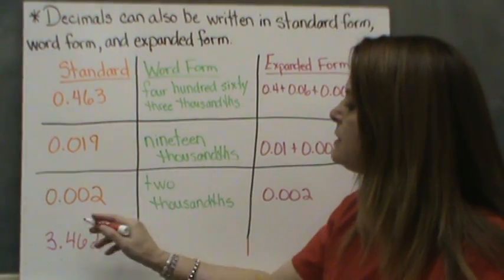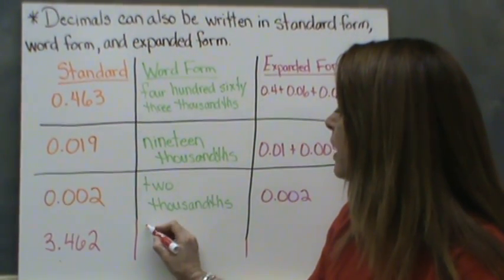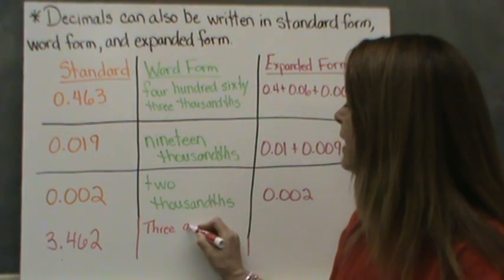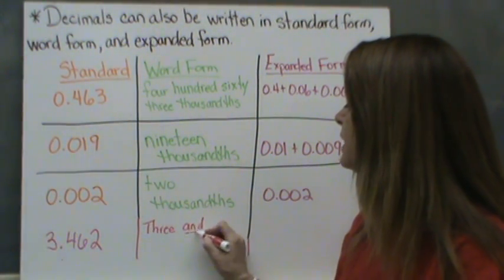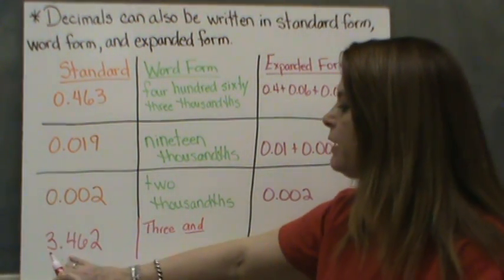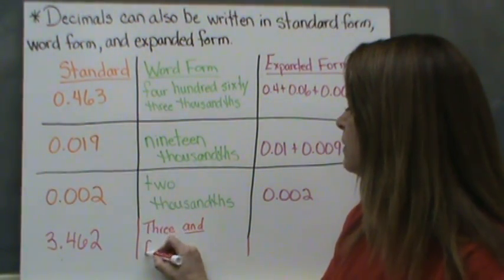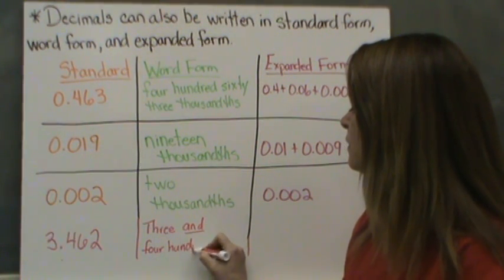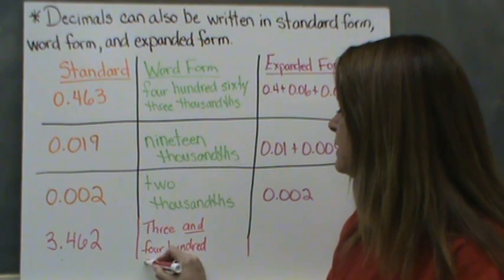So if I'm going to write this one in word form, I'm going to write 3 and, because that's my decimal, then I'm going to read the number to the right of the decimal, 462.